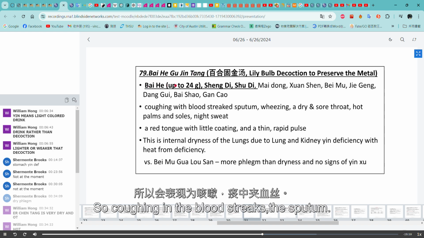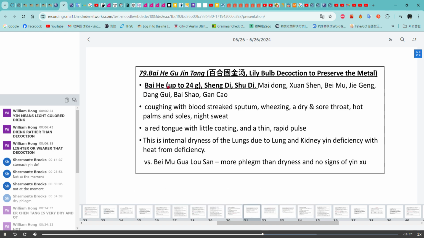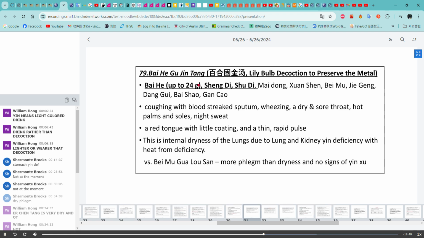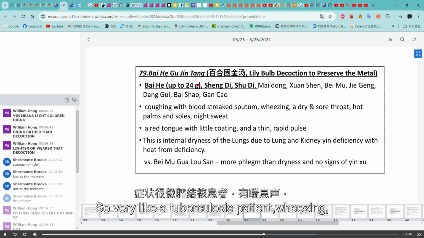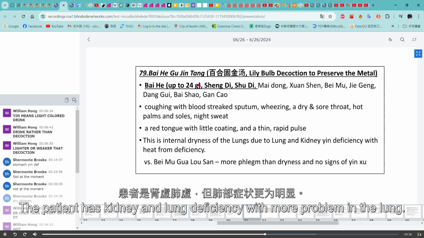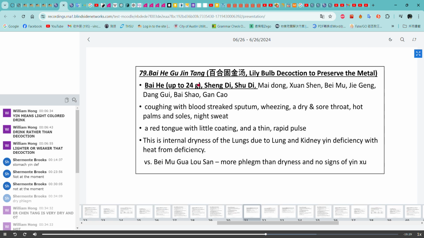So coughing with blood-streaked sputum is typical. Deficiency heat ruptures the blood vessels in the lung, so the patient coughs blood, very much like a tuberculosis patient. Wheezing, dry and sore throat, hot palms and soles, night sweat. So the patient has kidney and lung yin deficiency with more problem in the lung.